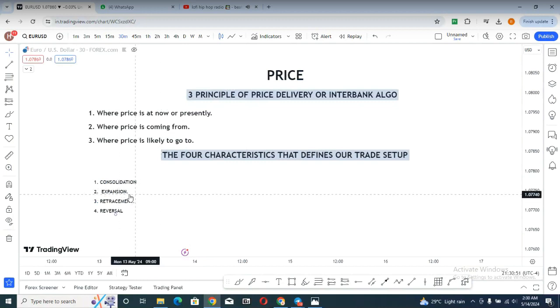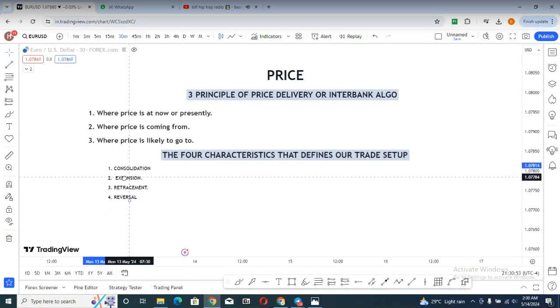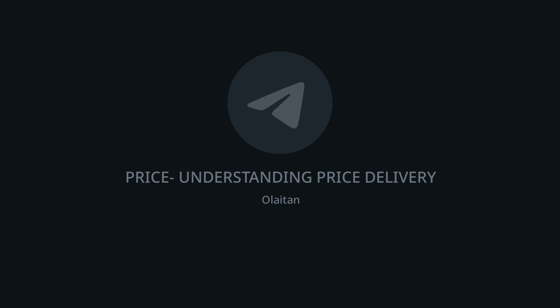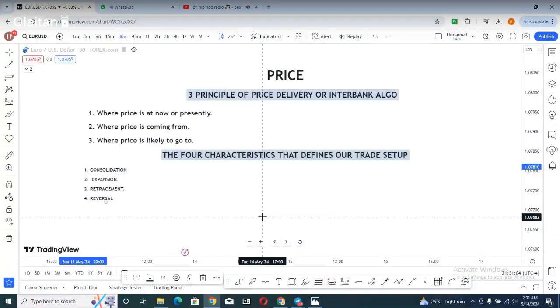So we have the consolidation, we have the expansion, we have the retracement, and we have the reversal. So these are what define our trade setup. These are things we need to understand.